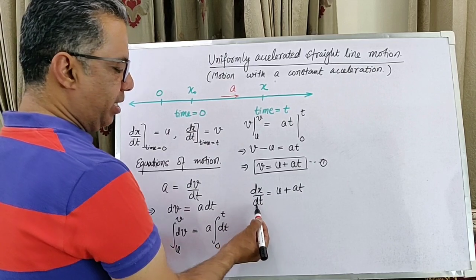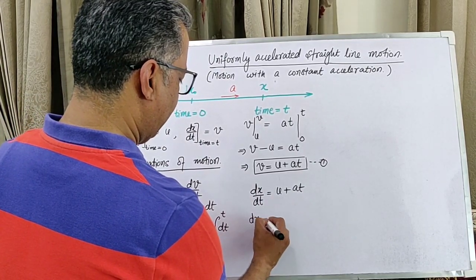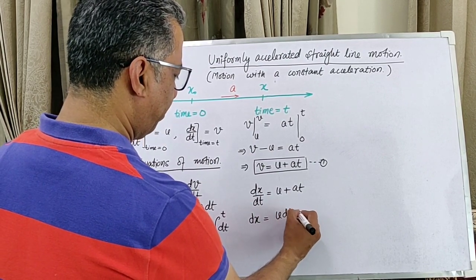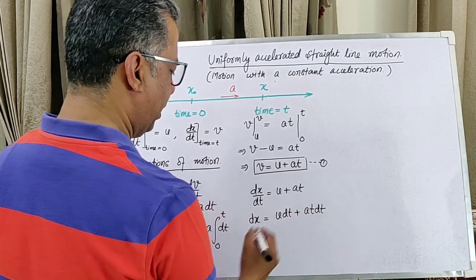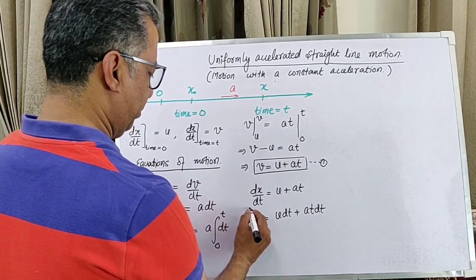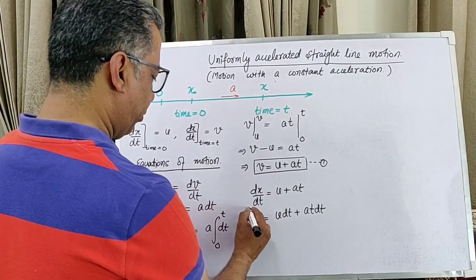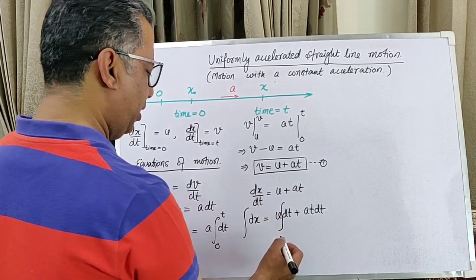What we'll do is we'll take dt onto the right hand side of the equation and get dx equals u dt plus at dt, and after that of course, we choose to integrate both sides of the equation.